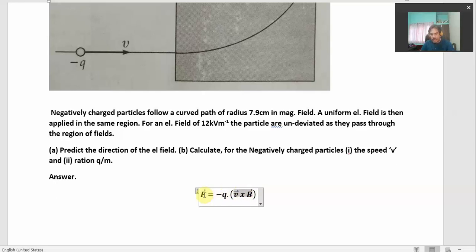So F is given by negative of V cross B. All the discussion we made in our earlier classes was for the positive charged particle. If we take a negative charged particle as in this question, then the force will be in the opposite direction to the force on the positive charge. So this is what it means.